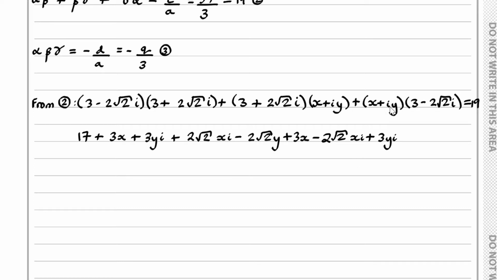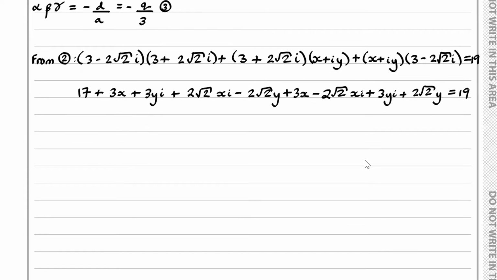And then we've got iy times minus 2 root 2 i. Well, i squared, that's minus 1. And then we've got this minus over here, so minus and a minus give a plus 2 root 2 times y. And all of this is equal to 19.